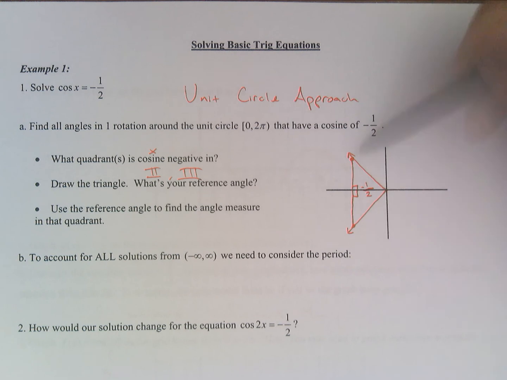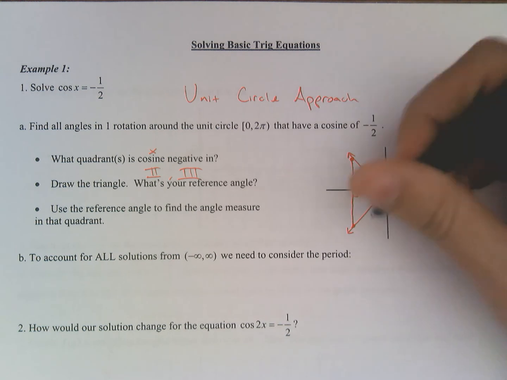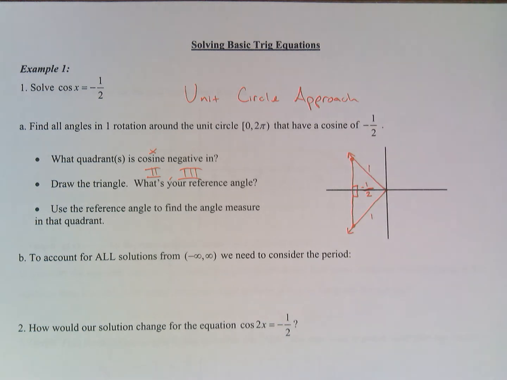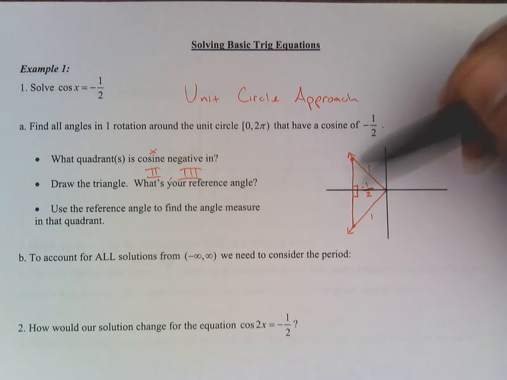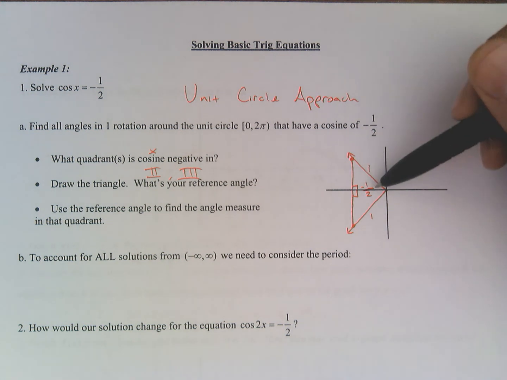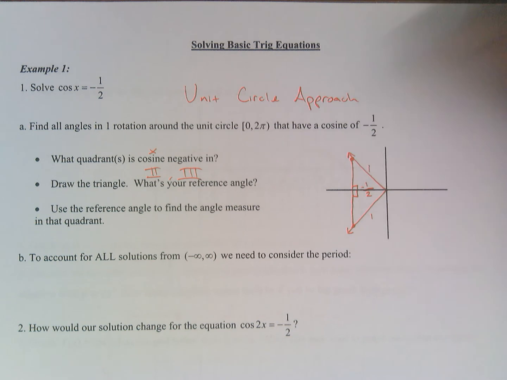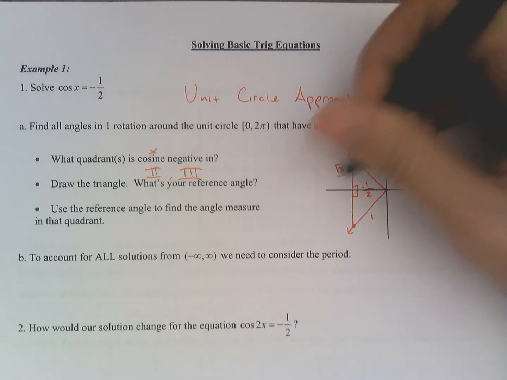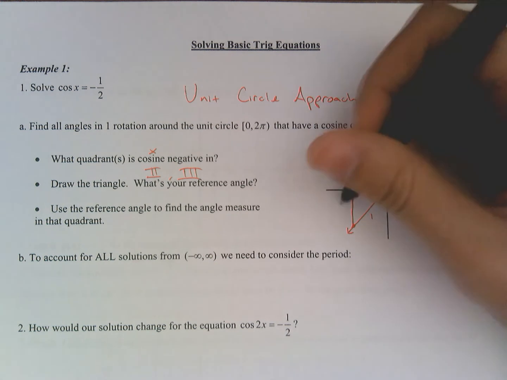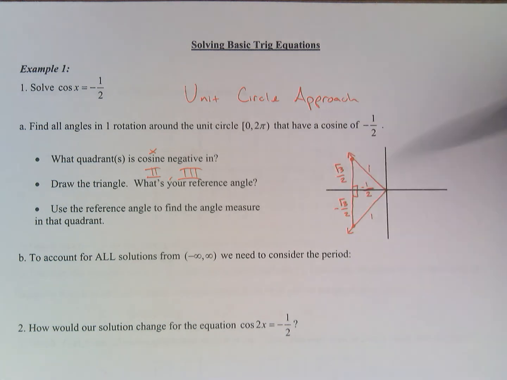We know the hypotenuse is 1. This is the unit circle. So then what must be that vertical side length? Well, I see this and I'm thinking 30, 60, 90. So then that vertical side length must be root 3 over 2. In quadrant 3, we've got negative root 3 over 2. Our vertical side length is negative in quadrant 3.